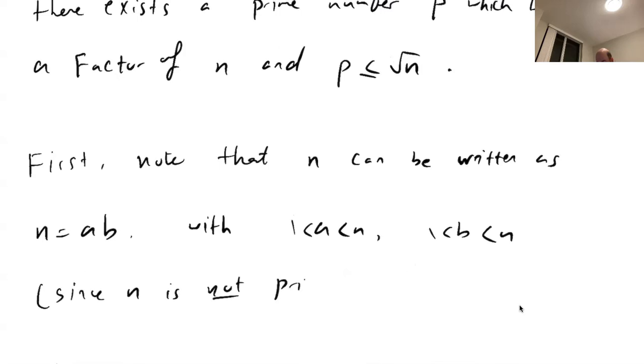My assumption is that n is not prime. If n is not prime, it can be written as a product of two numbers, and none of those two numbers are 1. Therefore, both of them are between 1 and n.